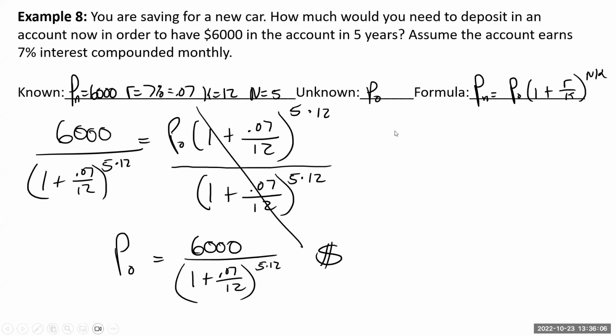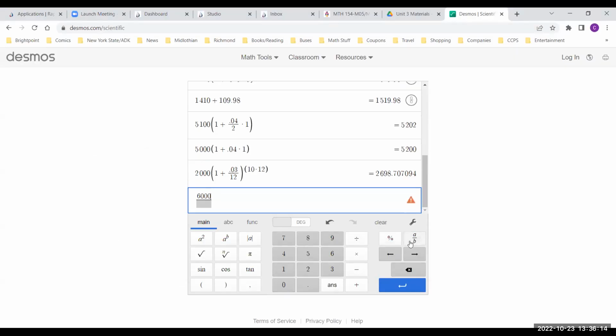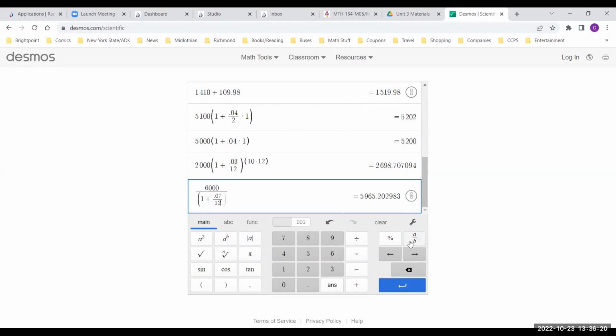So we're going to go ahead and go to our Desmos calculator here, model for you. I need a fraction. And we have 6,000 divided by, parentheses here, 1 plus 0.07 over 12, right arrow to get out from under the fraction, close the parentheses, raise it to, you need a parenthesis here because we're multiplying.